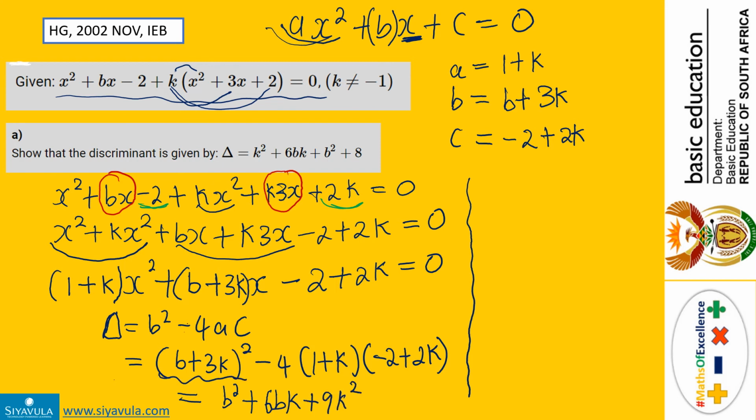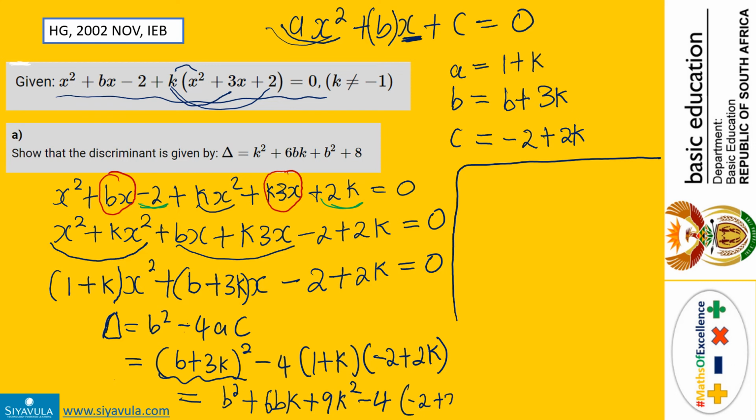Then this side we have minus 4 into, if I simplify those, it will be minus 2, because it's 1 times minus 2, 1 times 2k, it's plus 2k. Then k times minus 2 is minus 2k. Then k times 2k is going to be 2k squared, right?